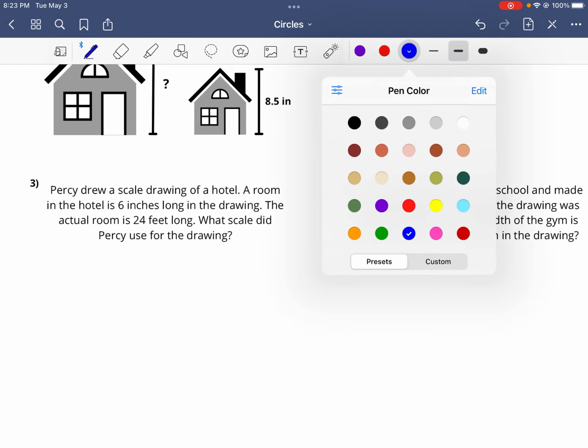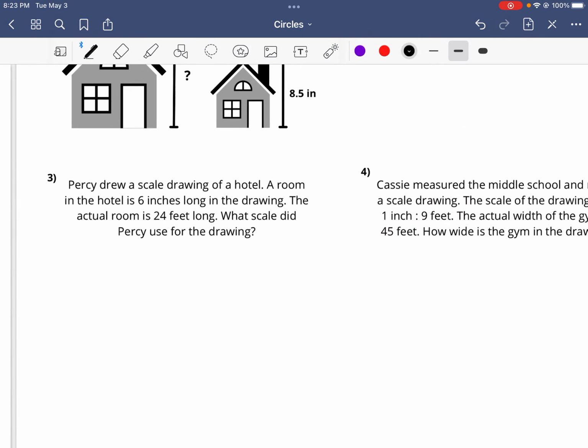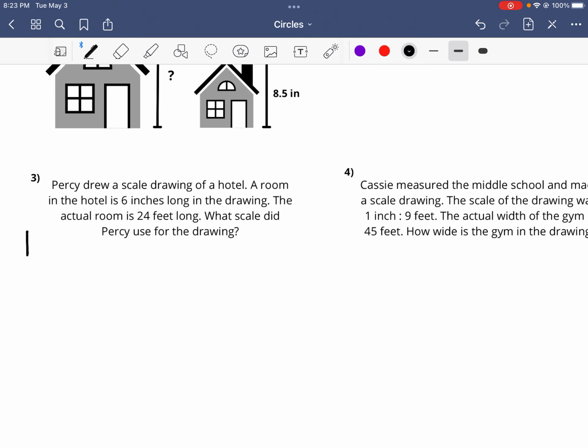So I'm going to go ahead and make a drawing of what's going on. So Percy's in a hotel room. So this is a hotel and Percy's in it. You don't have to draw this. So he has a room and he decided to draw the room. And he said that it was 6 inches long. Okay.